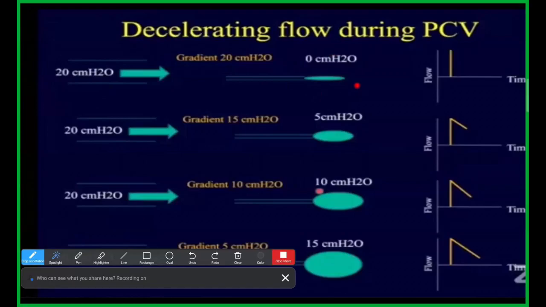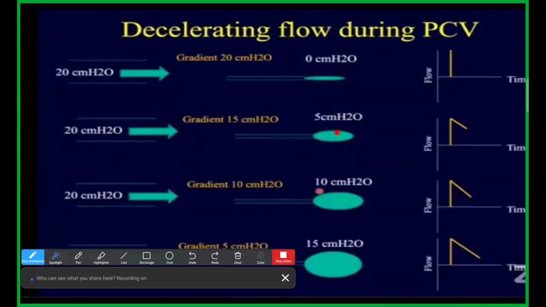Before initiating a ventilation, the alveolar pressure is 0 and the ventilator pressure is 20 centimeter H2O. In pressure control ventilation, your pressures are always constant. So the ventilator set pressure is always 20 centimeter H2O. With each ventilation, your alveolar pressure increases. In the first ventilation, it is 0 centimeter H2O, in the second ventilation you have 5 centimeter H2O, and in subsequent breaths it is going to naturally increase.